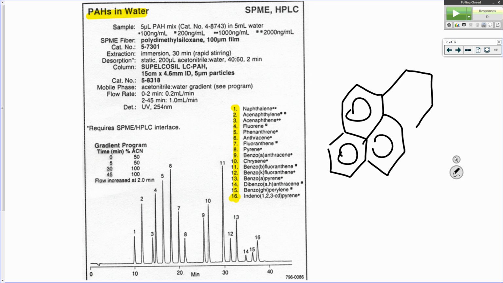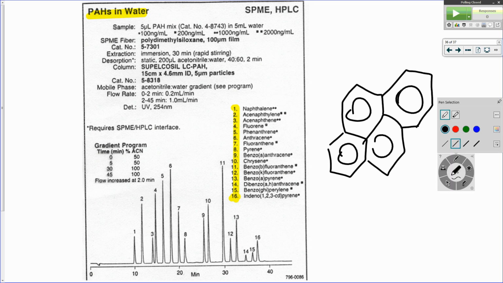And the things that have planar shapes associated with them will bind in your DNA very well. So these bioaccumulate in fat cells, in fatty tissue, and then they can interact with your DNA and cause mutations in DNA. So we're very concerned about the levels of PAHs in the environment.